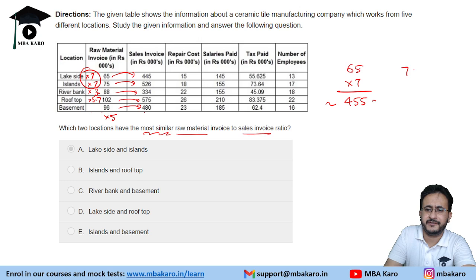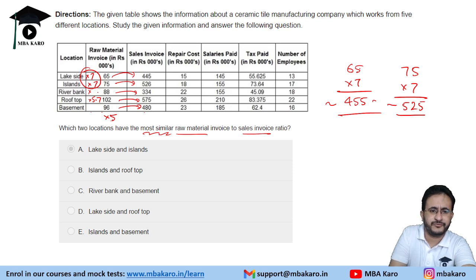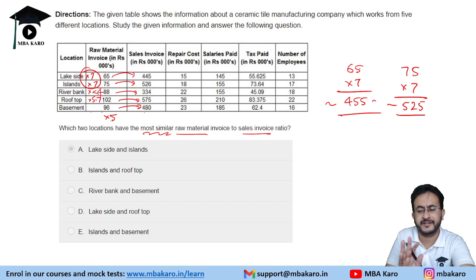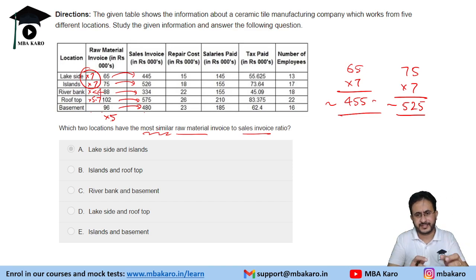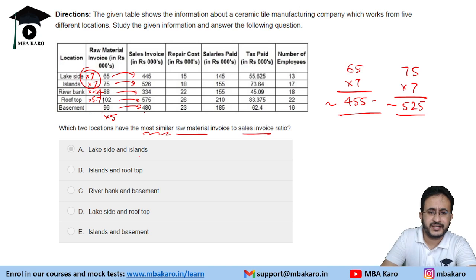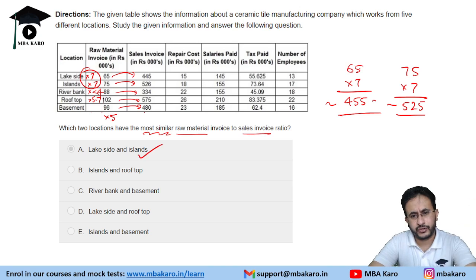And 75 into 7, 490 plus 35, 525. So almost similar, 7 times. Now these are quite different. This is less than 4, 3 point something. This is 5.7 and 5. So a huge difference. So the most similar ones are Lakeside and Island. So here the thing is, just find the approximate value and answer it.